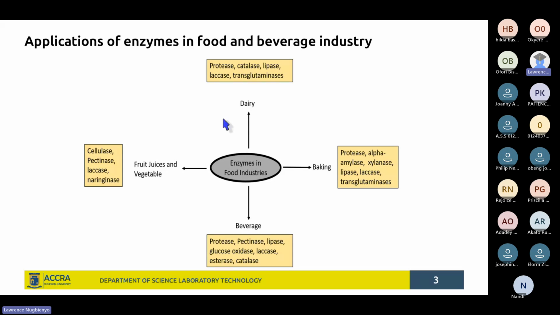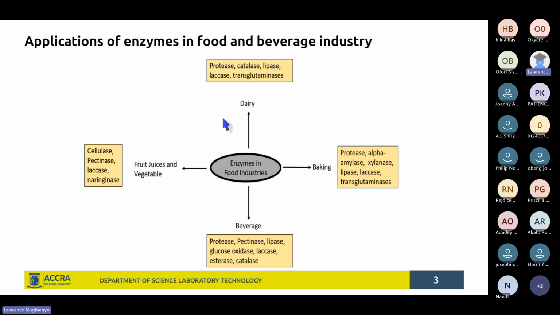In a bakery also, you'll find applications of different types of enzymes, particularly those that act on carbohydrates, the polysaccharides. In the beverage industry, also, either it is some fruit juices, or in the brewery, where the brewing of beer, there too you find applications of enzymes.